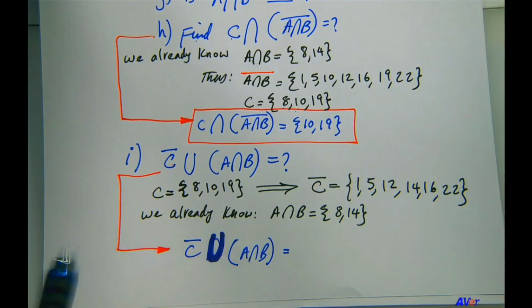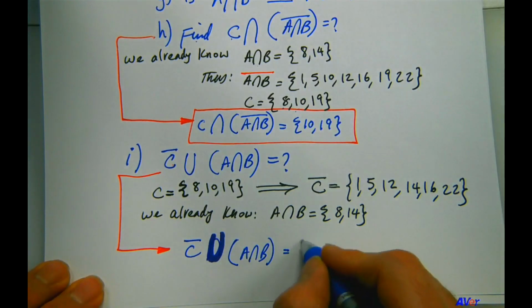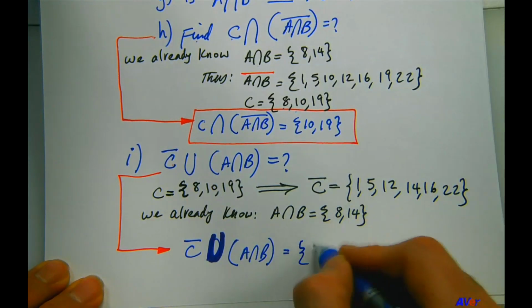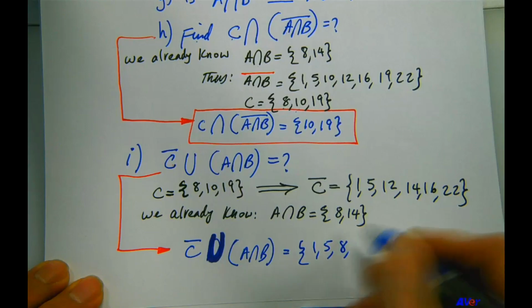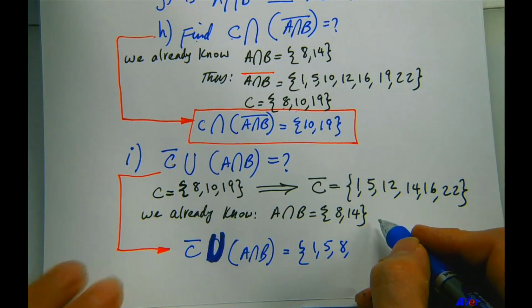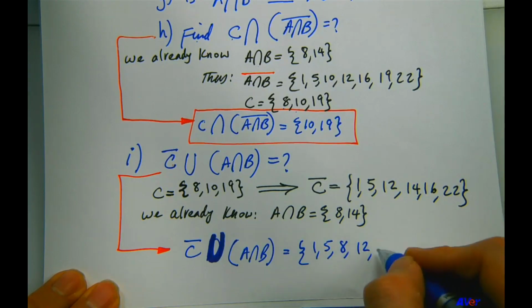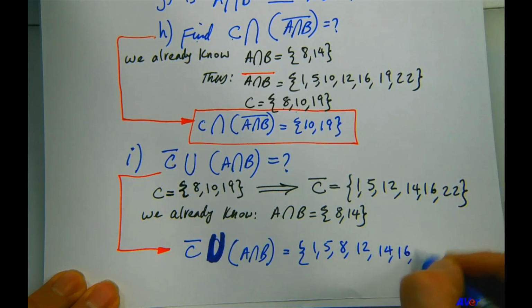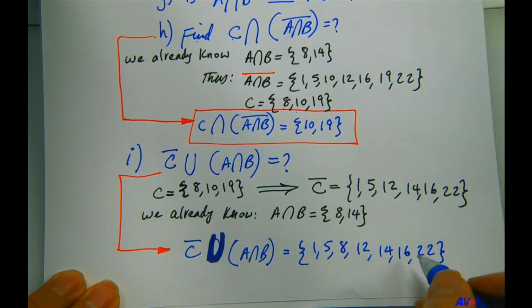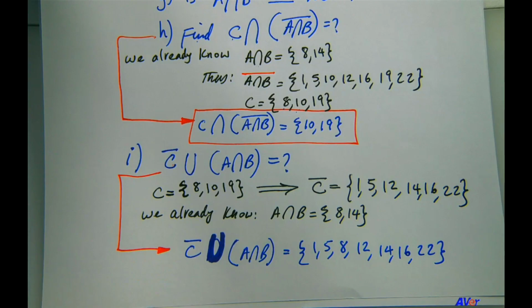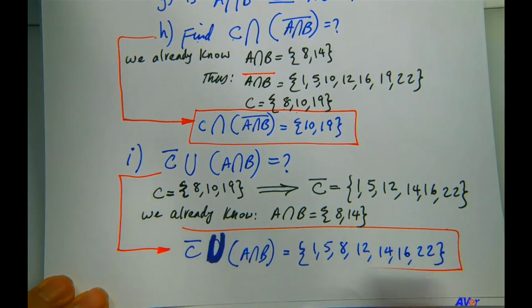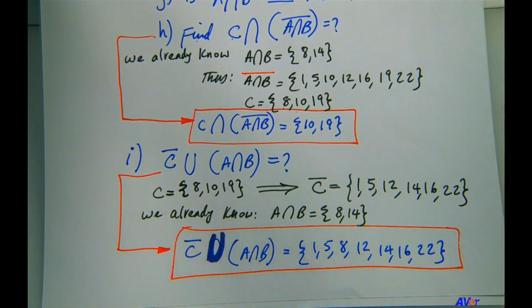So we're going to have 1, 5, 8, 12, 14, 16, and 22. Okay, so this is that result. I hope this is starting to make sense.